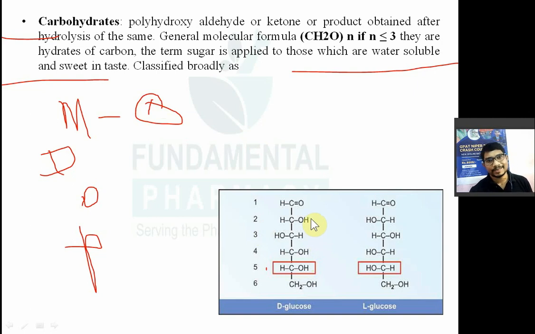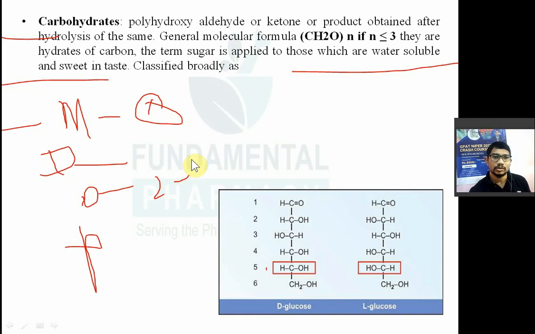Disaccharide, अगर ग्लूकोज के 2 यूनिट कंबाइन होकर एक शुगर बनता है तो उसको बोलेंगे डाइसैकराइड. For example, glucose plus glucose is maltose. Glucose plus fructose is sucrose. So monosaccharide means only one sugar unit. Disaccharide means 2 sugar units linked together. Oligosaccharide means 2 to 10 sugar units, 2 से लेके 10 तक कितना भी हो सकता है.